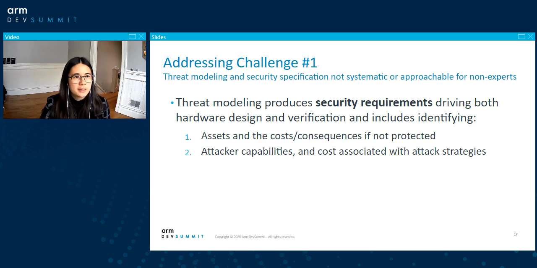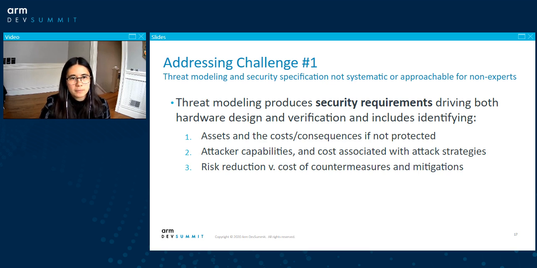Next, you need to reason about attacker capabilities and the cost for the attacker associated with various attack strategies, and this will depend on the functionality of your design, the ecosystem in which you deploy it, and other factors. And then lastly is the calculation where you consider risk reduction of different countermeasures and mitigations versus the cost of implementing them.